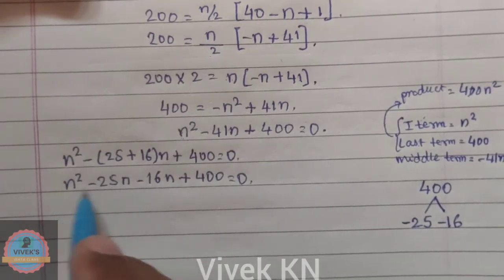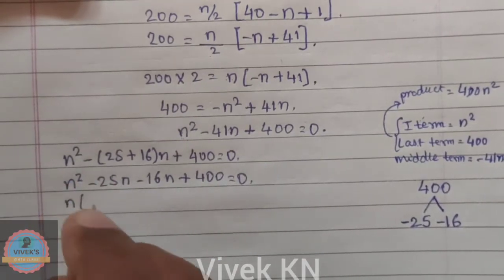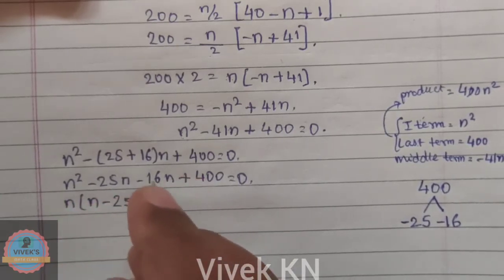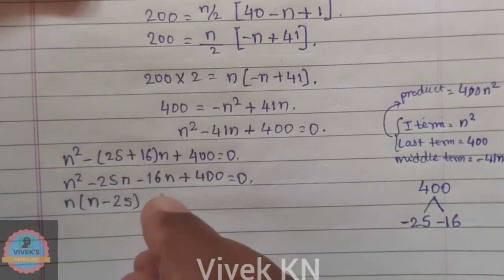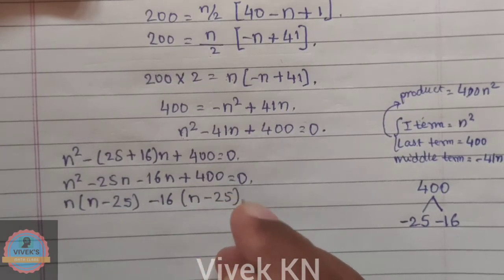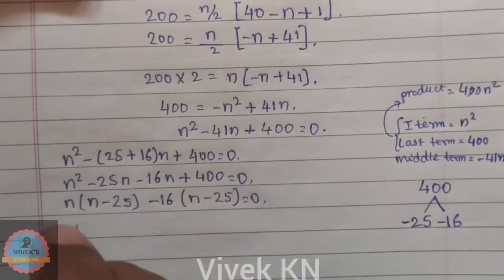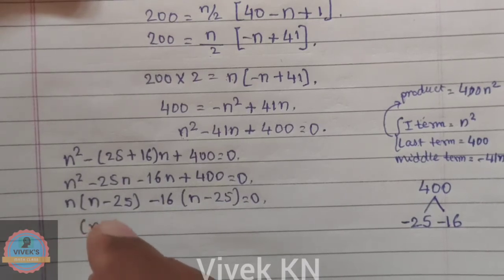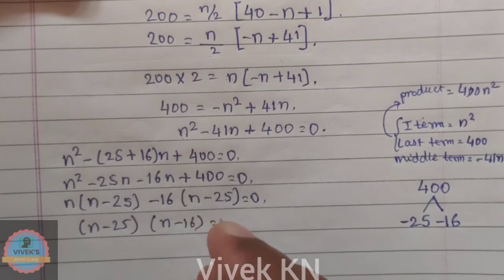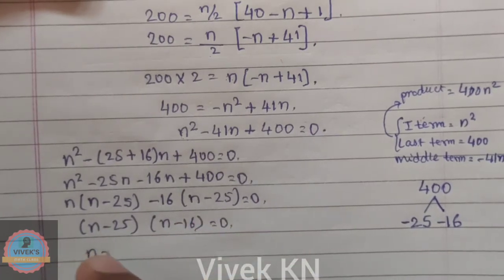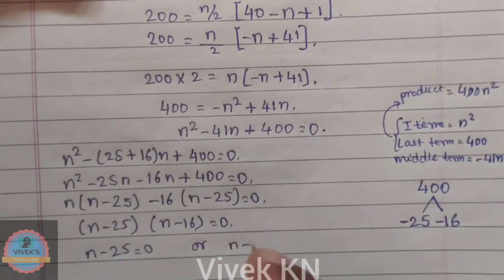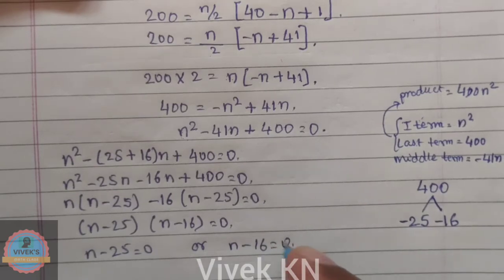Here in these two terms n is common and the remaining term is n minus 25. Here in these two terms minus 16 is common and the remaining is n minus 25, which is equal to 0, and n minus 25 and n minus 16 is equal to 0. That is n minus 25 is equal to 0 or n minus 16 is equal to 0.